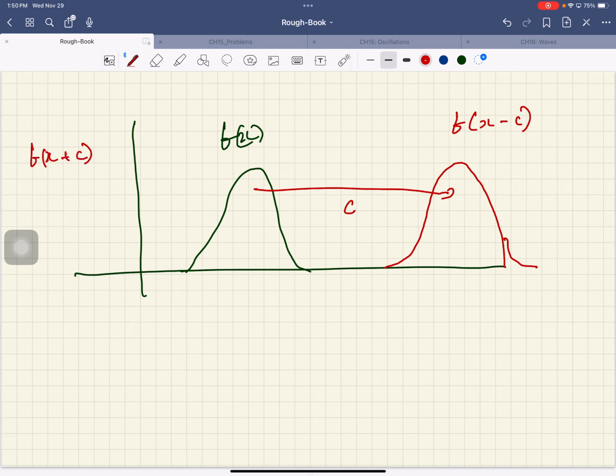Think before you shoot. Now I want to do the next complex thing. I'm not interested in just transporting this like that. I want it to travel at velocity v. How do I do that?